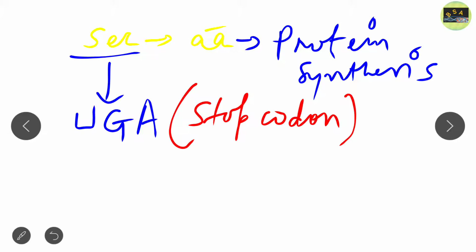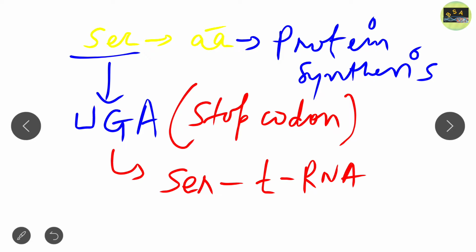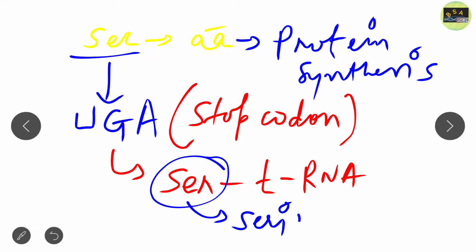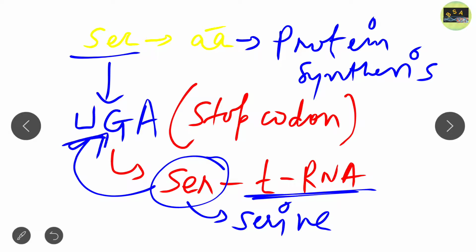Because of this, selenocysteine has its own special type of tRNA, that is SER tRNA. Here SER means serine. It is present at a lower level than the other serine tRNAs, and this SER tRNA recognizes the UGA codon.